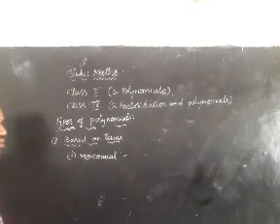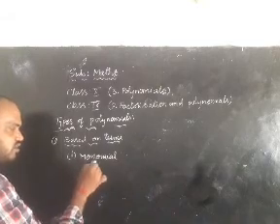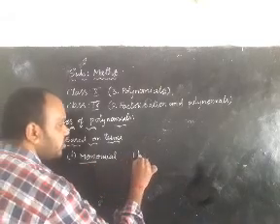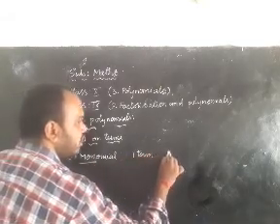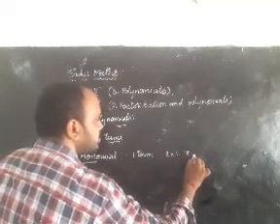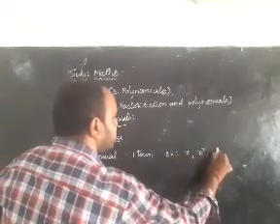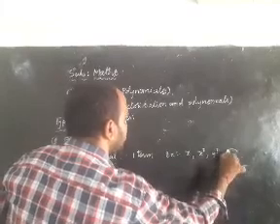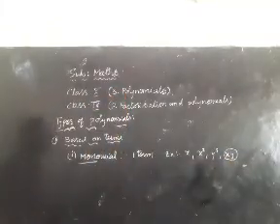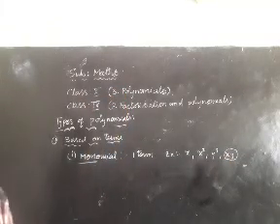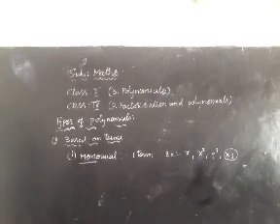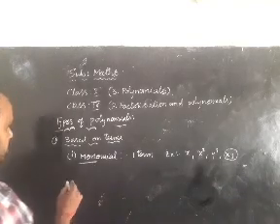Mono means single, so it contains only one term. Examples: x square, y cube, xy. X into y is considered as only one term.